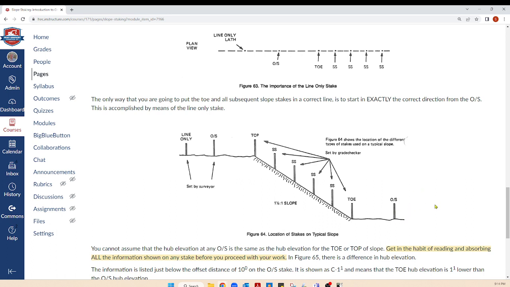There may be a line only stake out here, so you can line this toe and then from there go on up. This is your offset. This stake will tell you where to set this stake, and then this stake may have written on it telling you where to set these stakes.